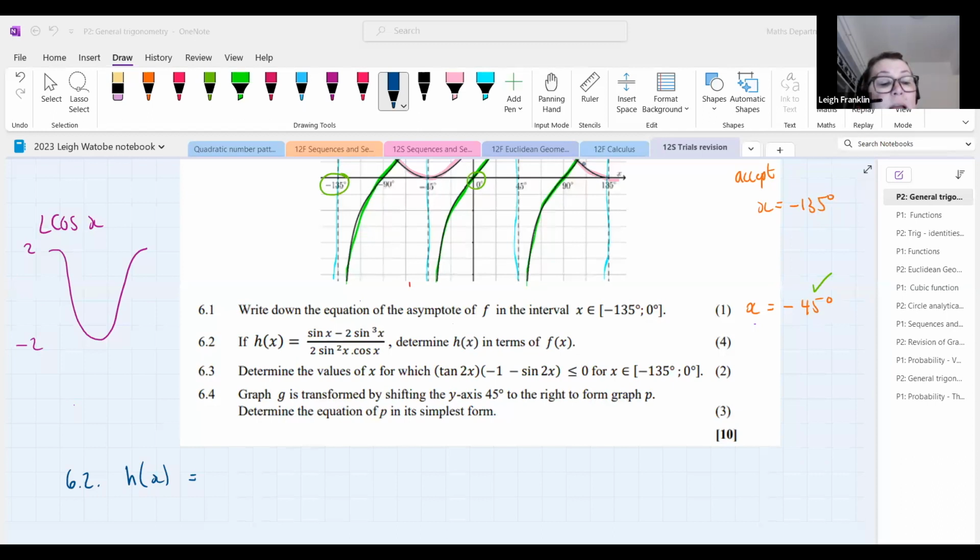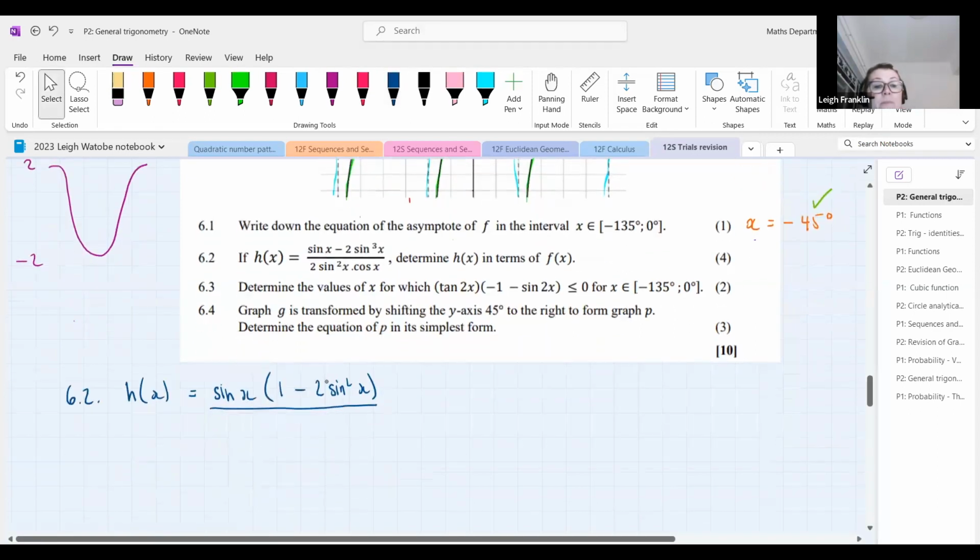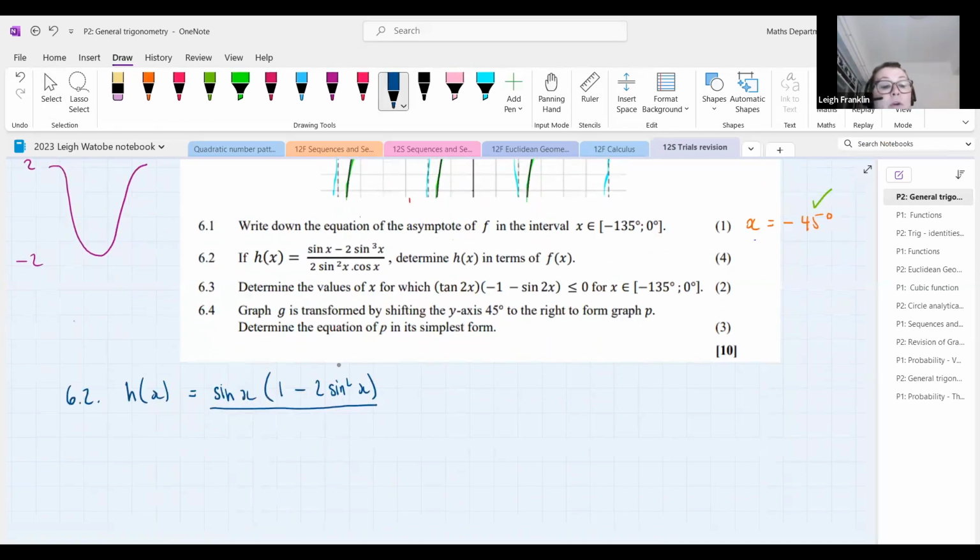So let's take out sine x. That's going to give us 1 minus 2 sine squared x inside our bracket. So yes, Adelia, then we would definitely have to go and look at our formula sheet. At the bottom, we have only factors. We've got 2 sine squared x times cos x.